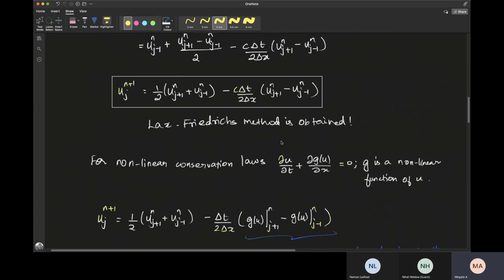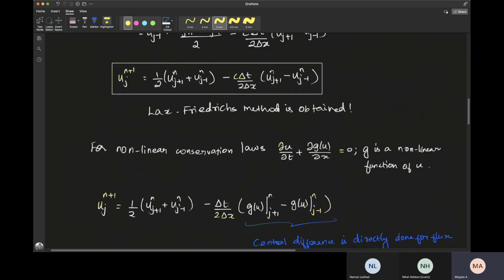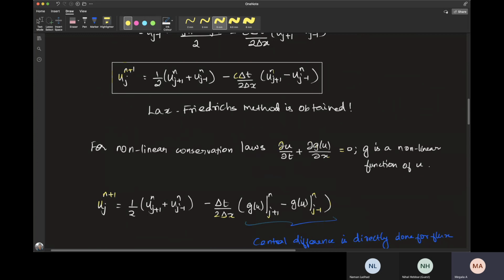We have seen this for just the linear convection equation, and then for any nonlinear conservation law where G of u is any nonlinear function. If G of u is just C into u, you get back the linear convection equation. If G of u is any nonlinear function, it's a general nonlinear conservation law.